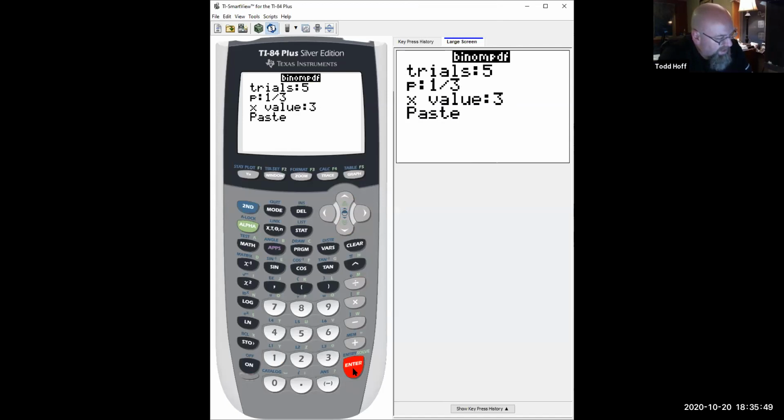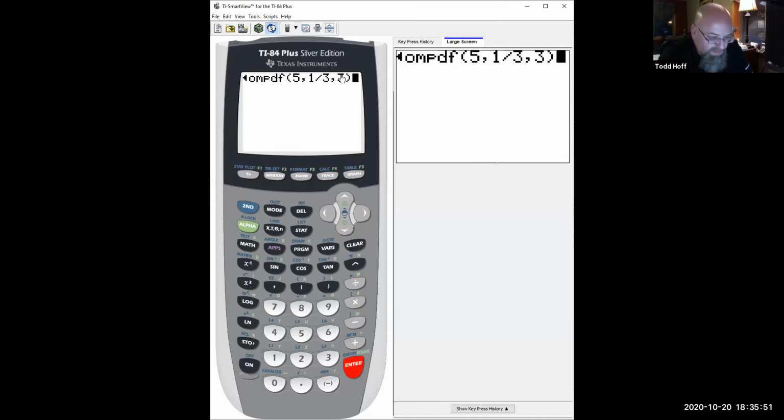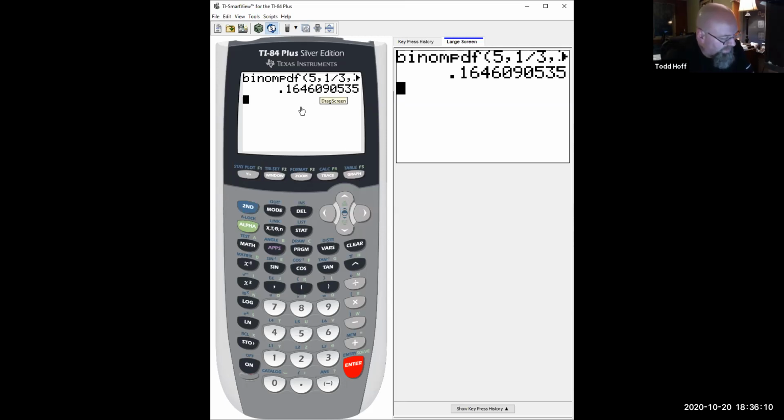Then we select paste, and it's going to put it in our function. The binomial PDF function is xpn. Some of you might have shut off that stat wizard and you just have to do the 5, 1/3, 3. It's actually quicker to do it that way, but we have our calculator set up with the stat wizard just to make it easier to enter the information. We get 0.1646 as that probability.